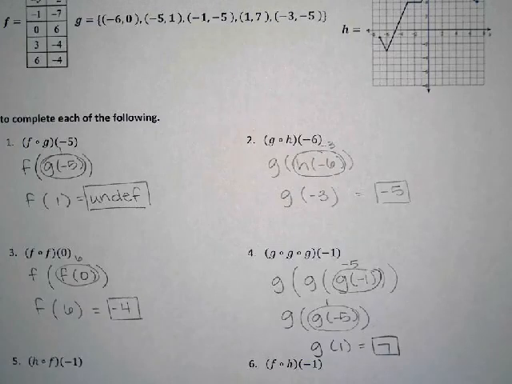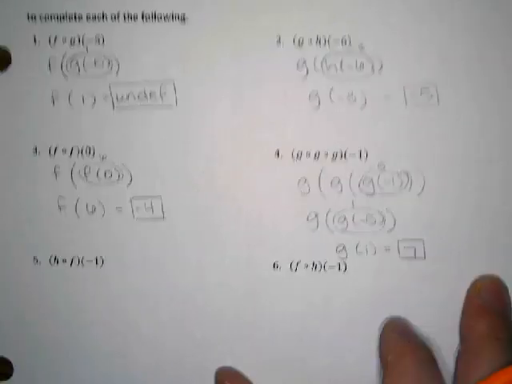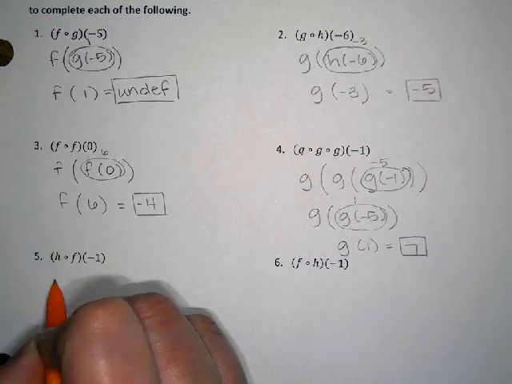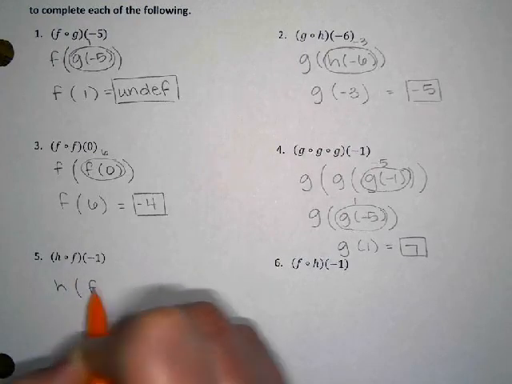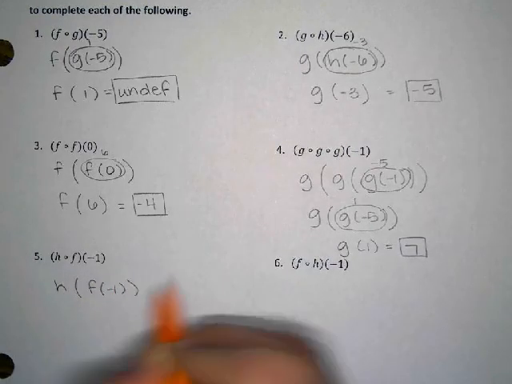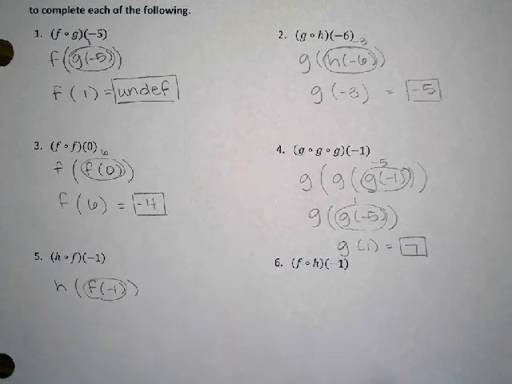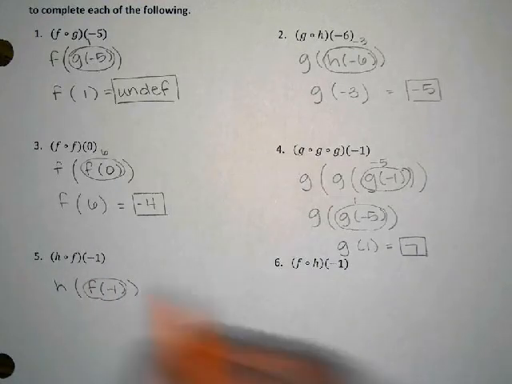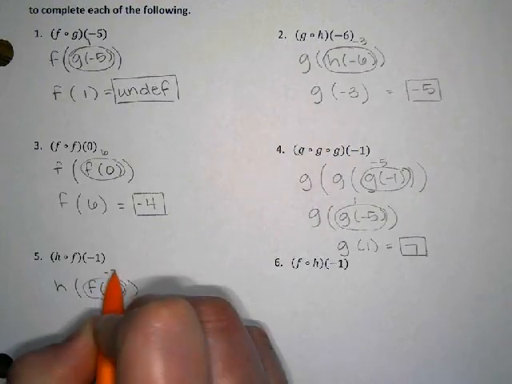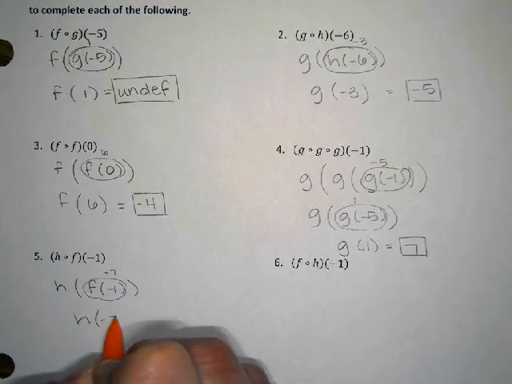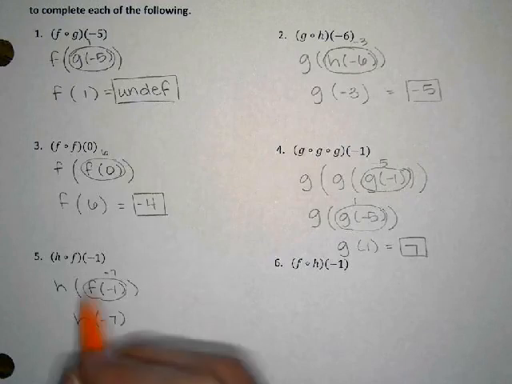Okay, this one, h of f of -1. So we're going to start with the inside. What is f of -1? Negative 7, okay. And then what is h of negative 7? h of negative 7 is negative 1. Okay?